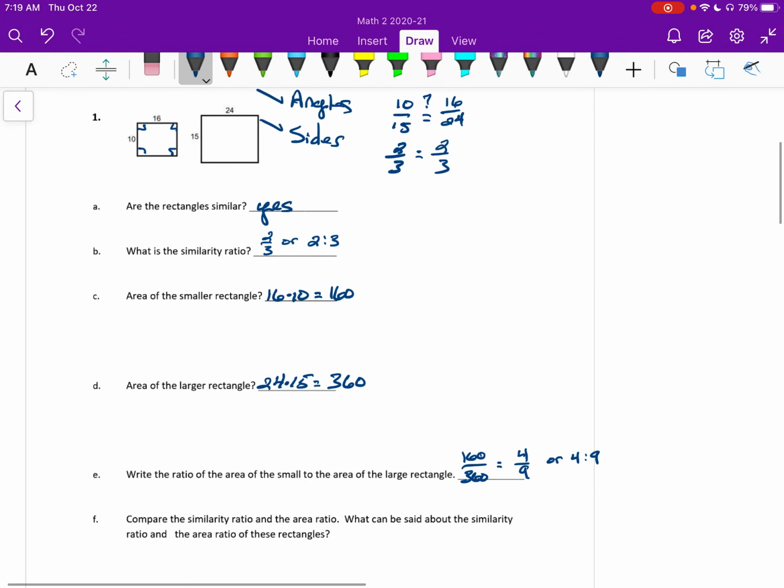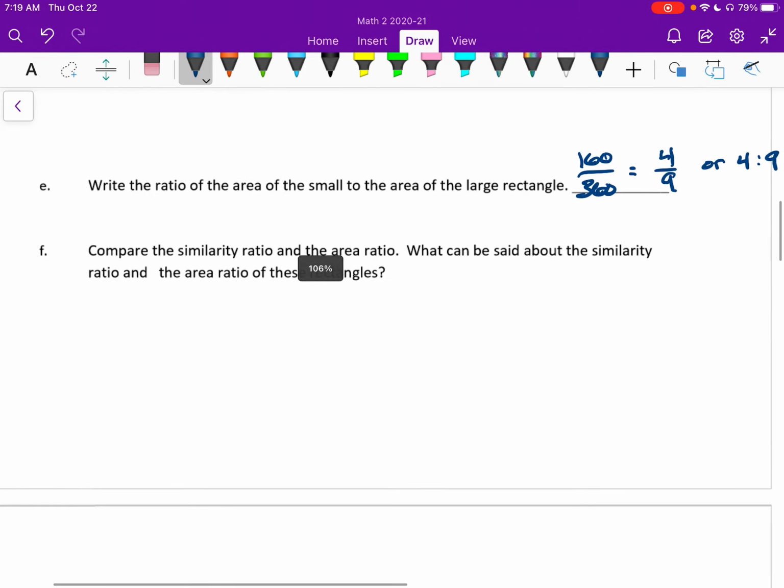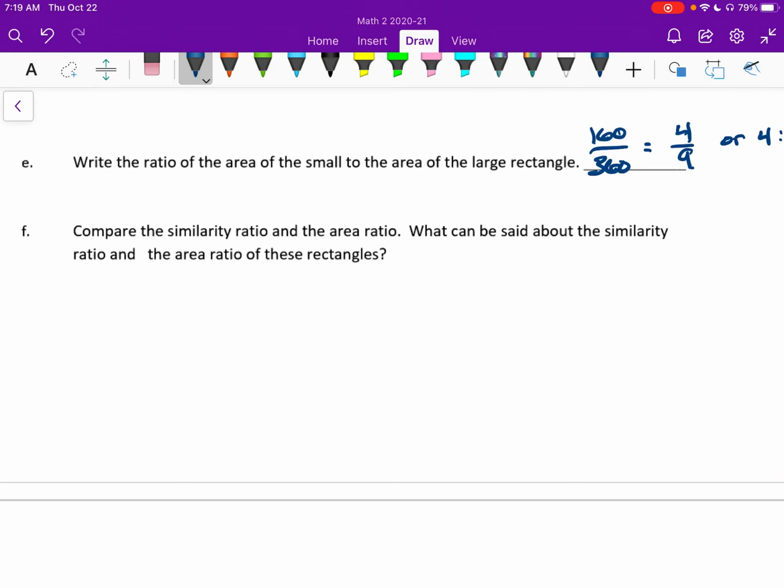All right. So all of the things that I've written down so far should be things that we already knew about. We already know how to find if things are similar. We already know how to find similarity ratios. We know how to find area. And we can find the ratio of the areas by just looking at our areas. Part F, though, says compare the similarity ratio and the area ratio.